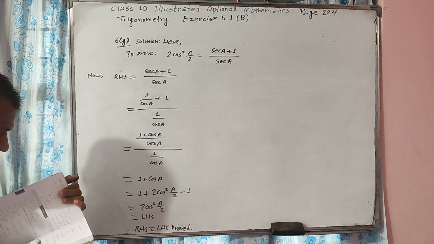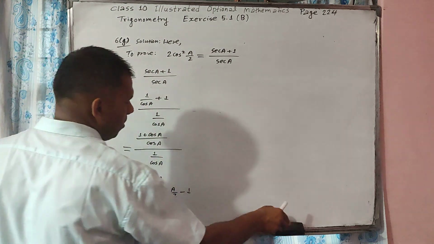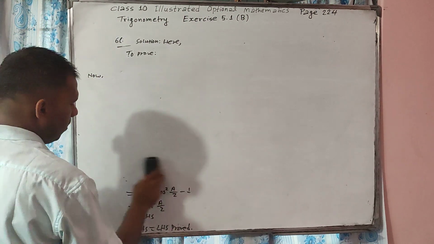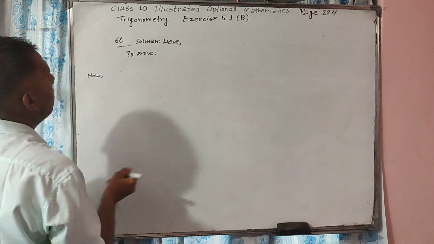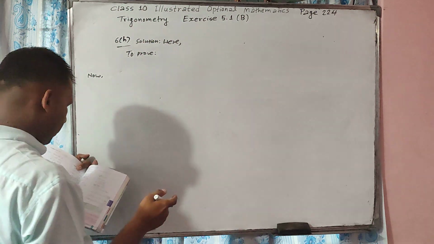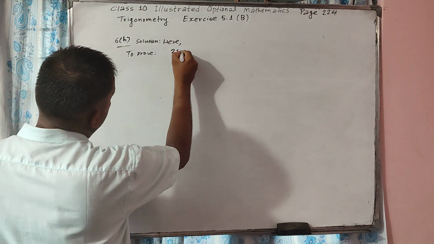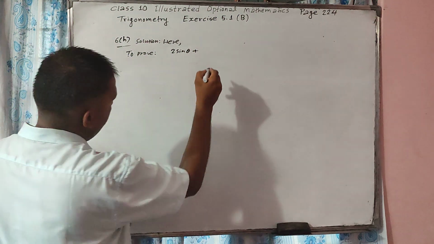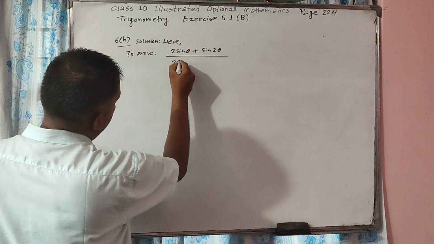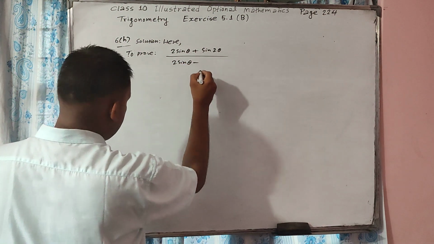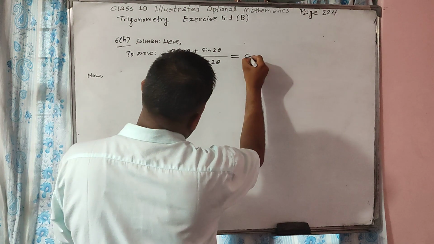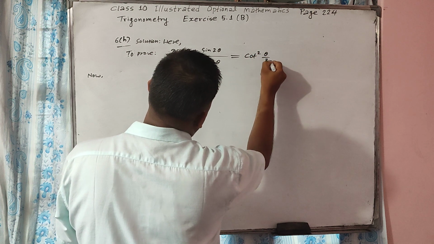Now next question 6H. To prove 2 sin theta plus sin 2 theta whole upon 2 sin theta minus sin 2 theta equal to cot square theta by 2.